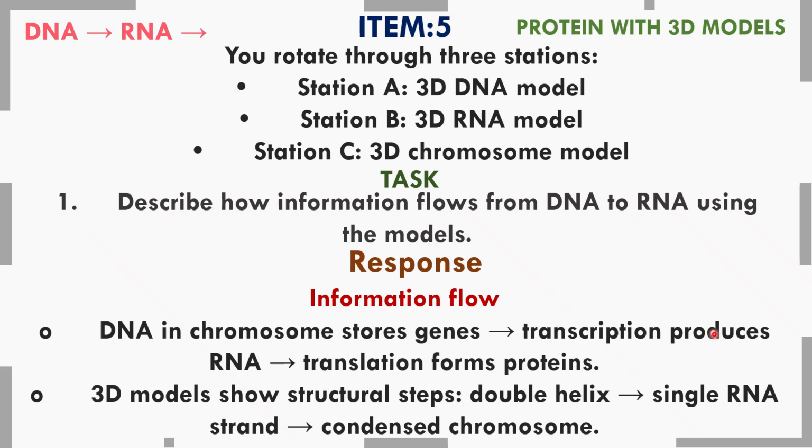When transcription takes place, they produce RNA, which is translated to form proteins. 3D models show structure steps from a double helix to a single RNA strand to a condensed chromosome.